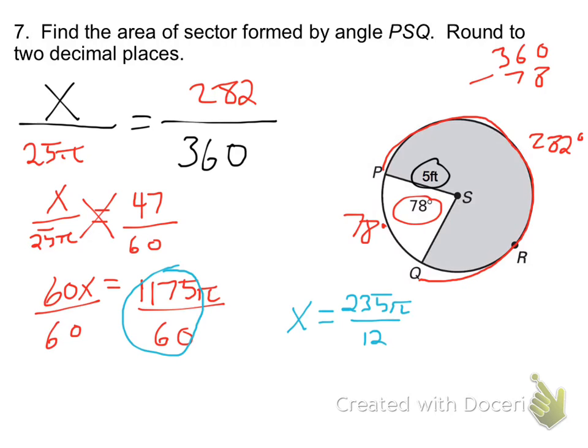And remember your pi, and this will be feet squared. To get the terms of pi, I just put this in a calculator, and my area is 61.52 feet squared.